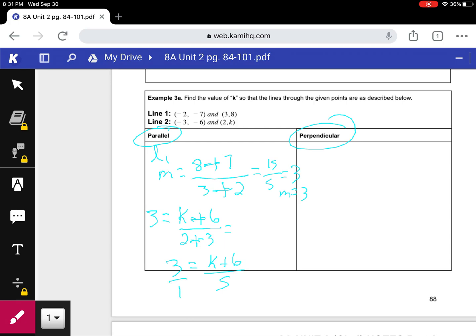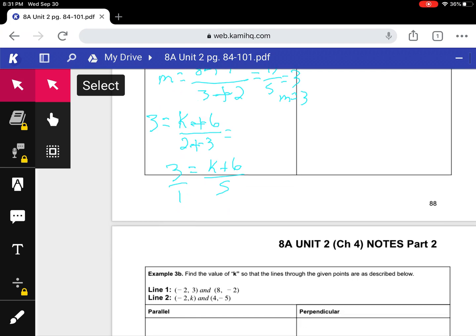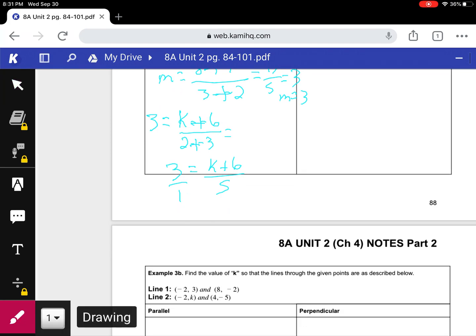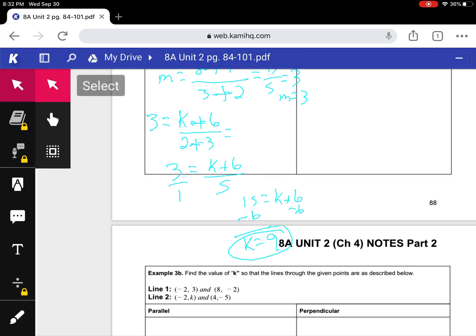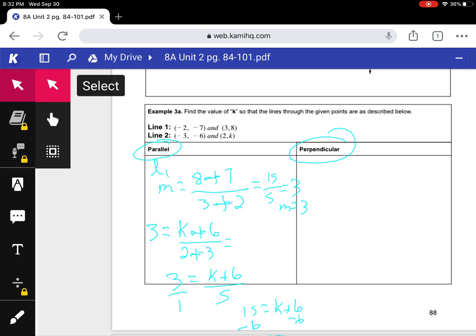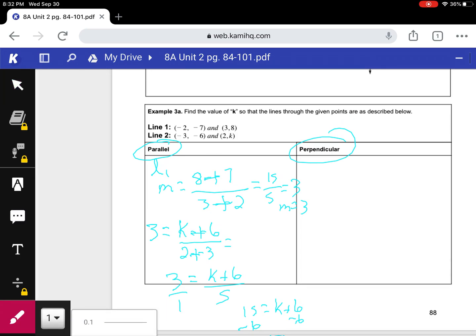And now I hope you recognize that it's just a matter of cross products, okay? What do we have here? 3 times 5 is 15, equals k plus 6. Subtract 6, and we get k equals 9. So if we were to plug 9 into that line, that coordinate, we would get parallel lines, okay? Moving over to the perpendicular.